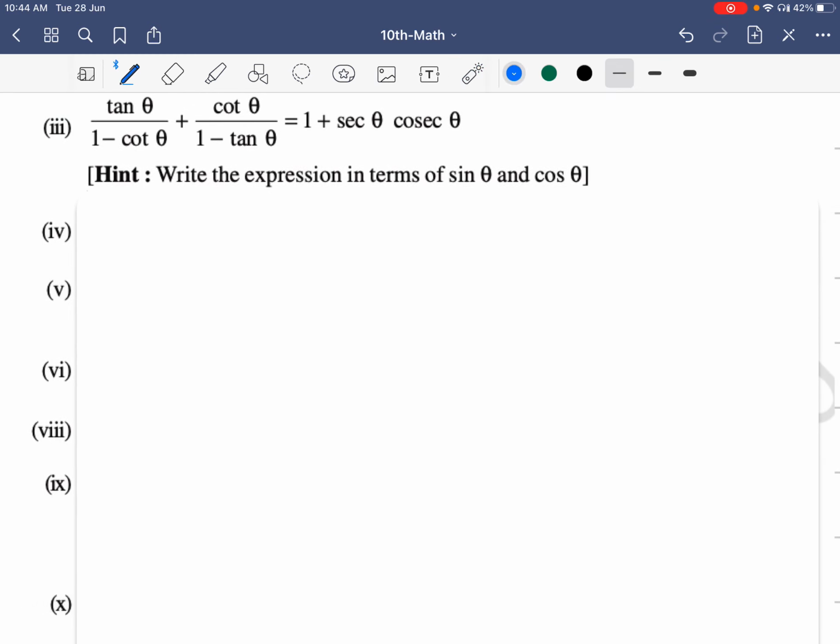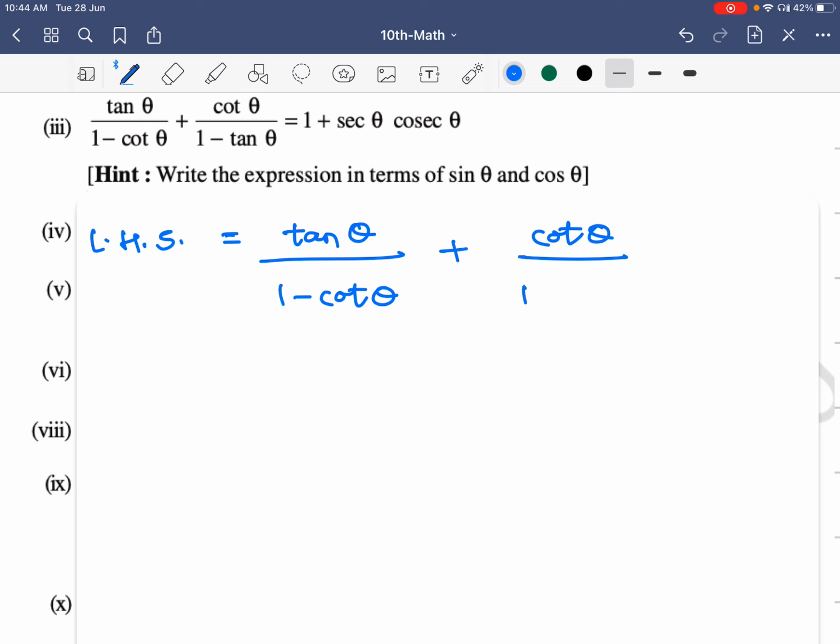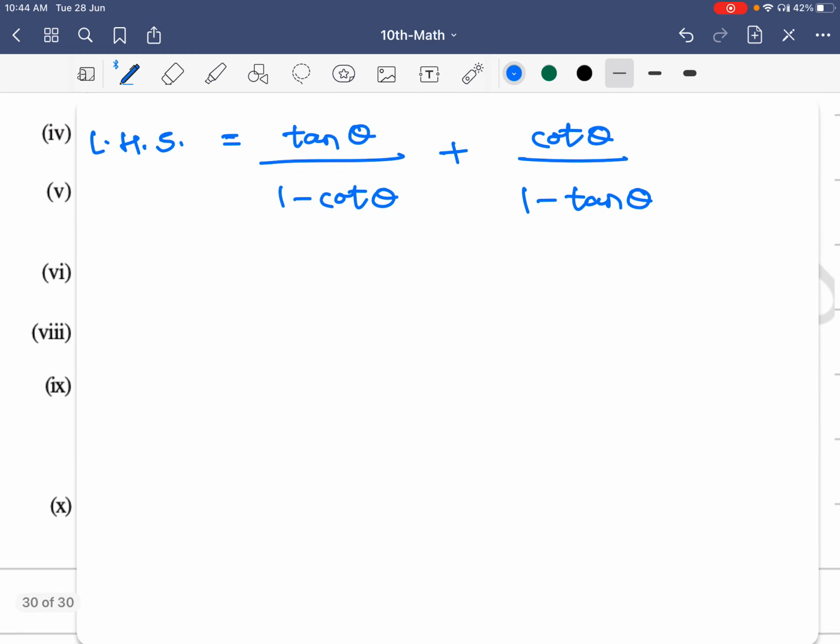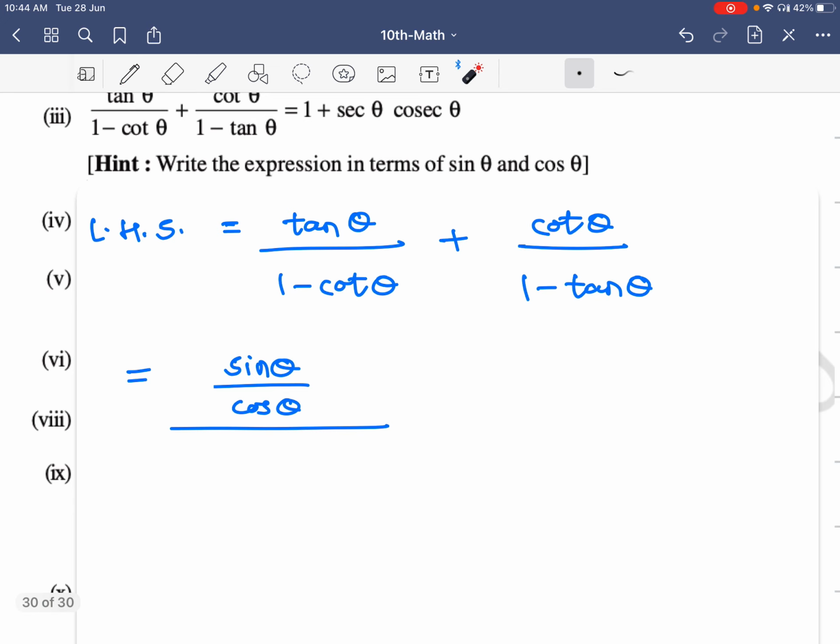Now first let us note down what is LHS. So LHS is equal to tan theta the whole upon 1 minus cot theta plus cot theta the whole upon 1 minus tan theta. Okay, so let's convert them into their basic sin theta and cos theta as we did in the previous problems, and as mentioned by this hint as well.